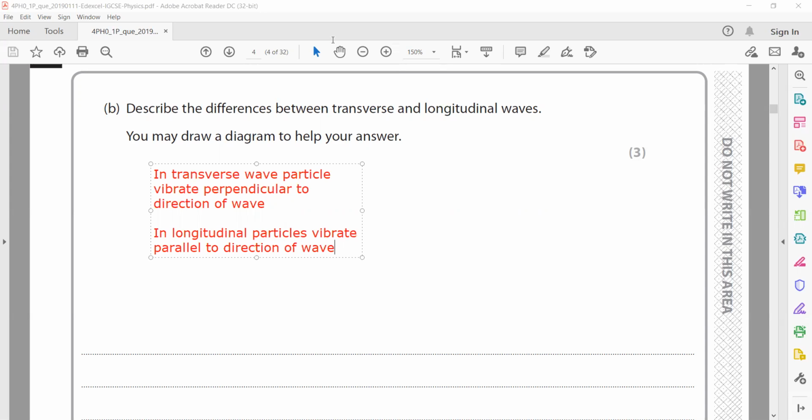And you may draw a diagram, so you can represent a transverse wave, and you can show the position of the particles as they are moving, or represent the vibration of the particle.